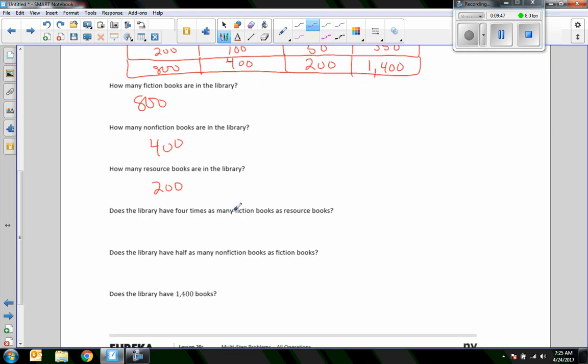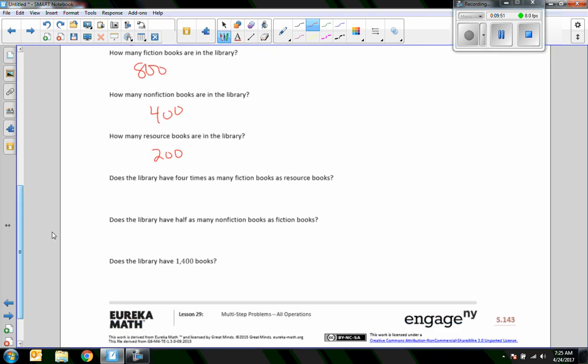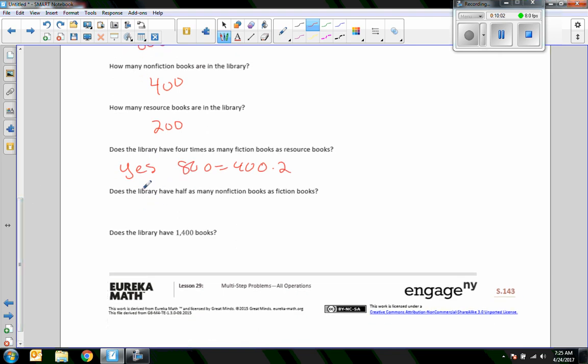Does the library have 4 times as many fiction books as resource books? The answer is yes. 800 is 4 times 200. Does the library have half as many nonfiction as fiction?